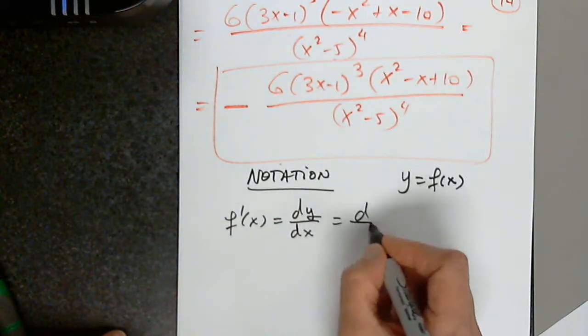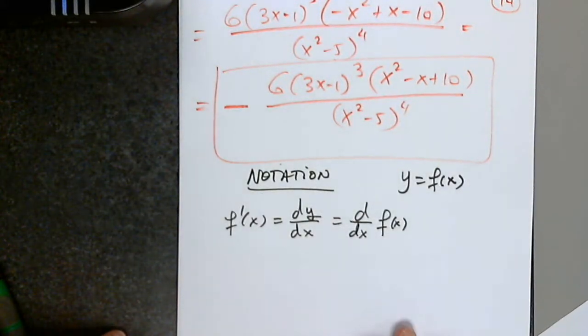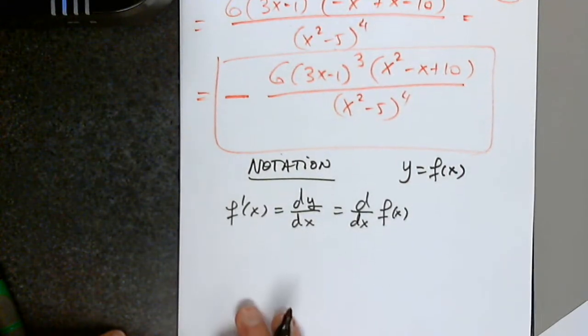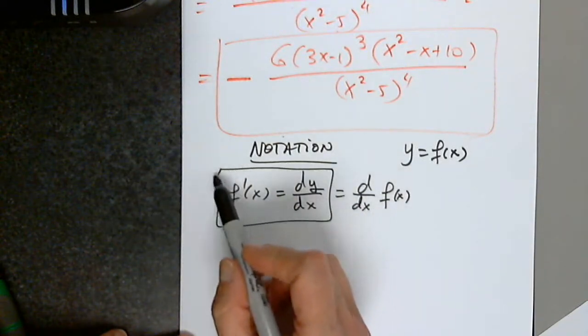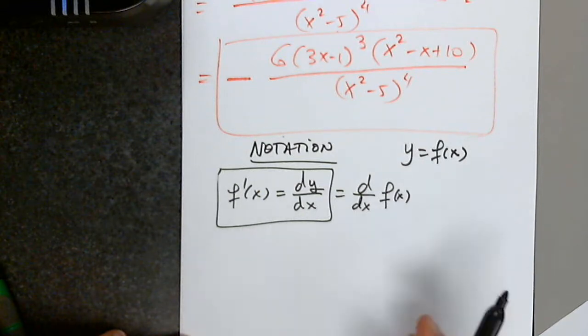Another notation would be d over dx of f, or f of x. Same thing, the derivative with respect to x of f of x. We are going to use at least these two quite frequently, interchangeably. They are the same thing.